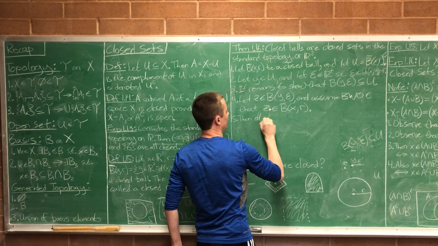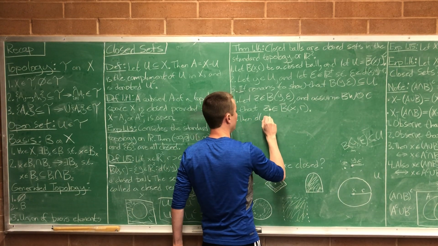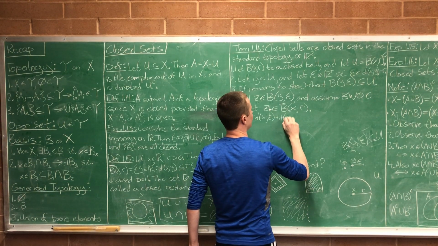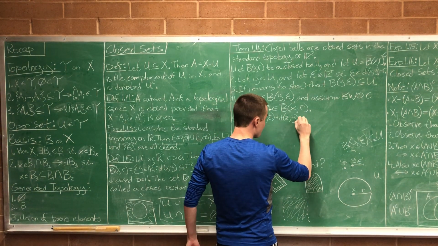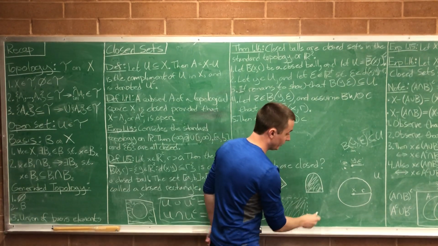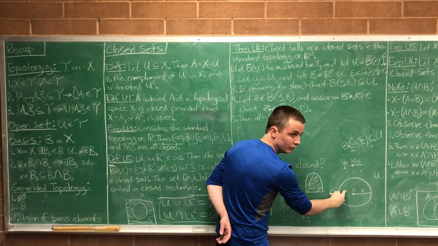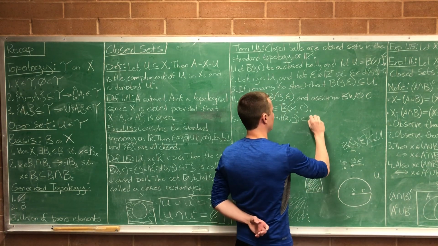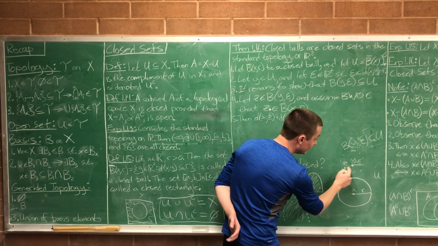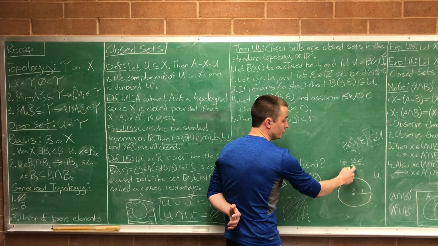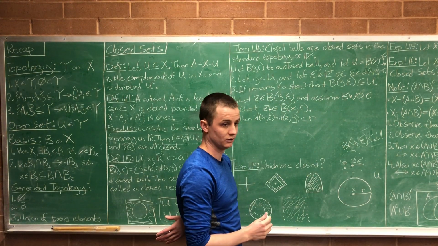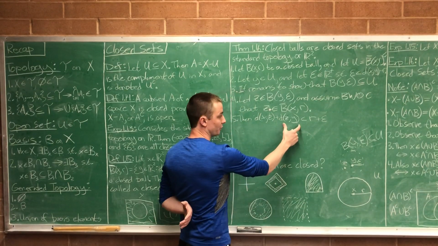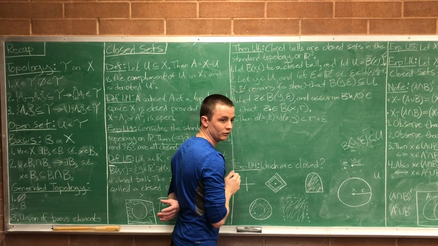Then the distance from x to z plus the distance from z to y is less than... Remember, if z is somehow in this ball, then the distance from x to z is less than R. And if z is in this ball, then the distance from z to y is less than epsilon. So this distance plus this distance has to be less than R plus epsilon, right?